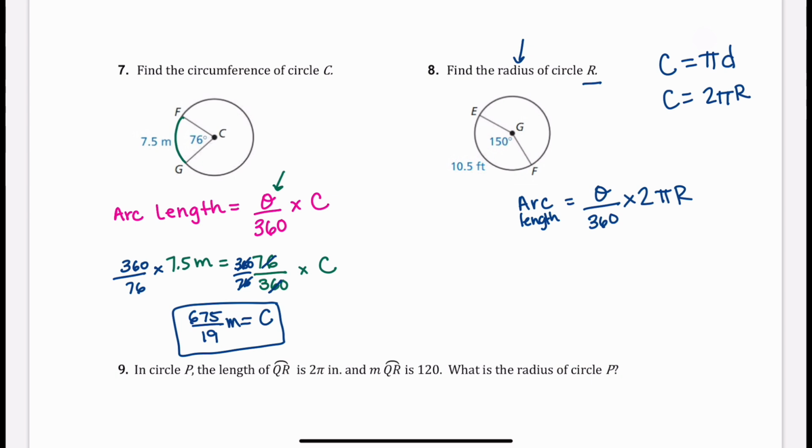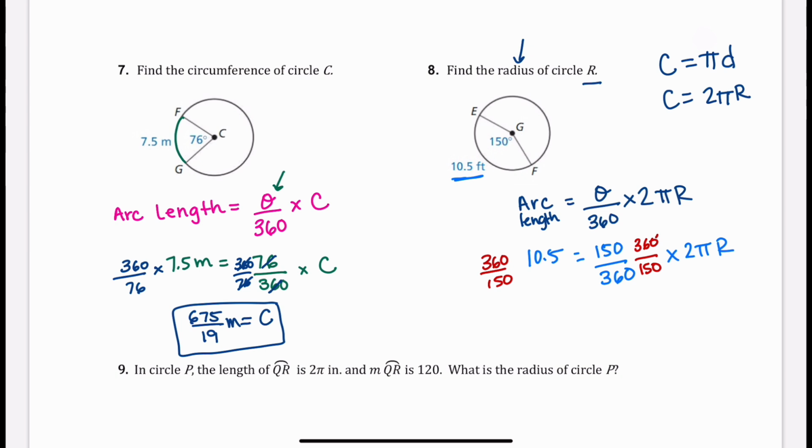Okay, let's substitute what we have. The arc length is 10.5 feet. Our angle is 150 degrees out of 360. And then I'm going to multiply that by 2 pi r. Now again, just like the last question, to get rid of that fraction, I'm going to multiply by the reciprocal on both sides, 360 over 150.